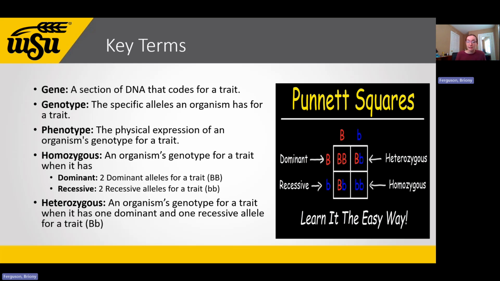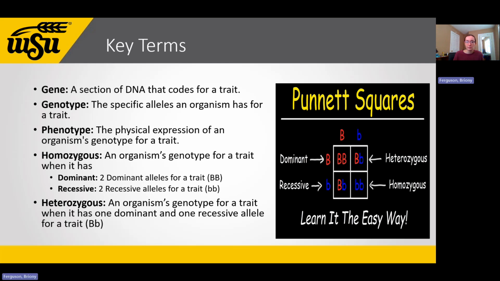When you have a heterozygous genotype, it's going to be a mix of the two. So one dominant and one recessive. You can see that as a capital B and lowercase b. The phenotype for anything heterozygous like this is going to be the same as the phenotype for anything that is homozygous dominant.